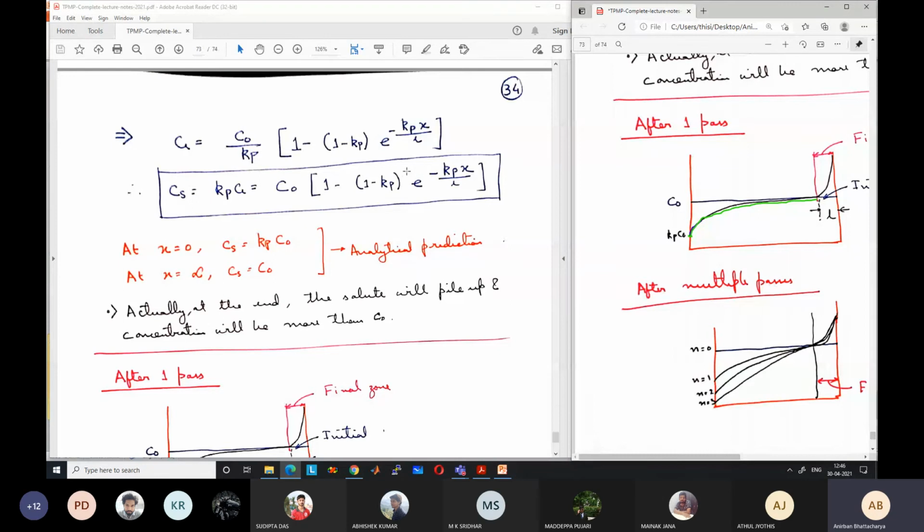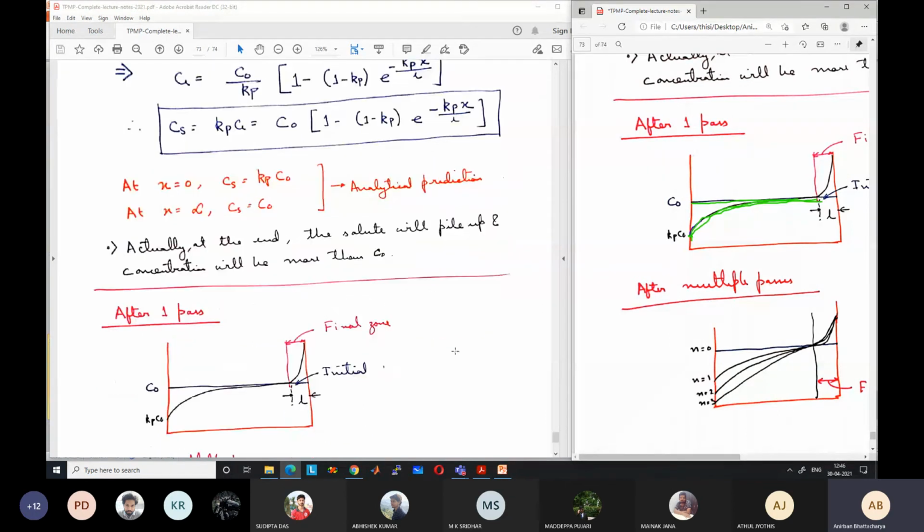So what we have seen is that initial solid concentration was C0, but we have decreased the solid concentration, at least more in the initial part. At the final part, it is not much decreased. What will happen towards the end, because the length is not infinity, is that the solute will keep on piling up. When the last region is of the length of the order of L, the heater comes in contact with the final part, so there is no place for the solute to go anymore.